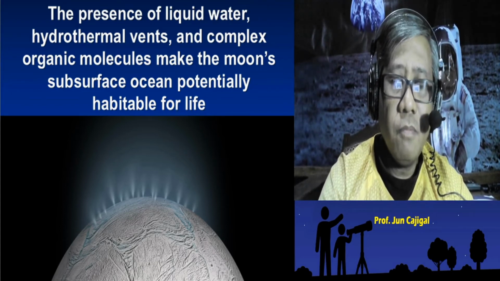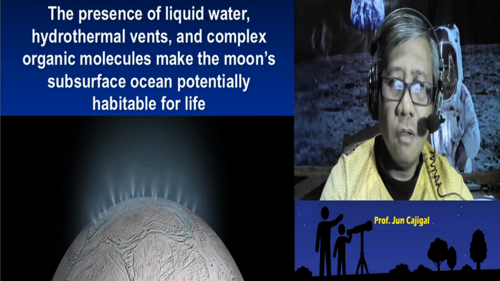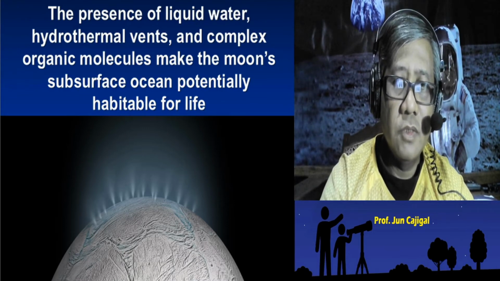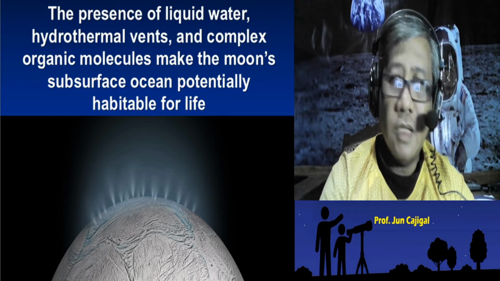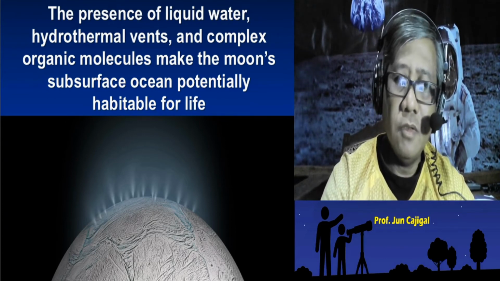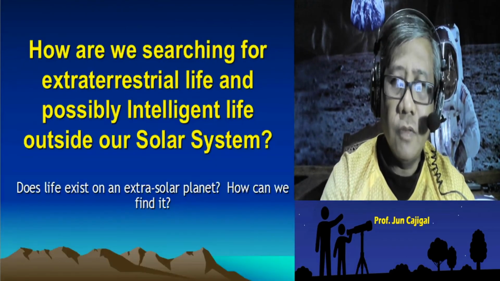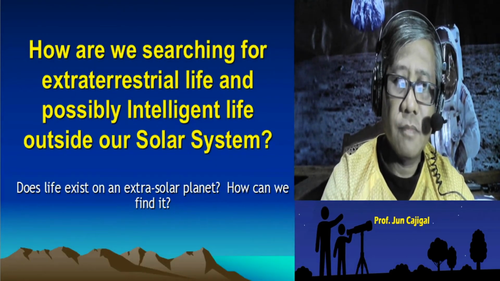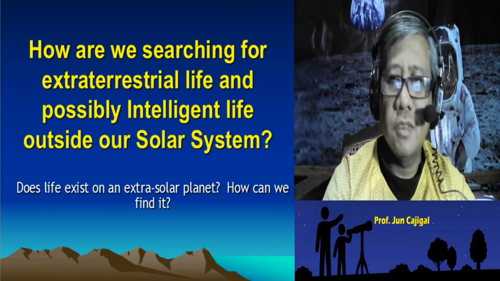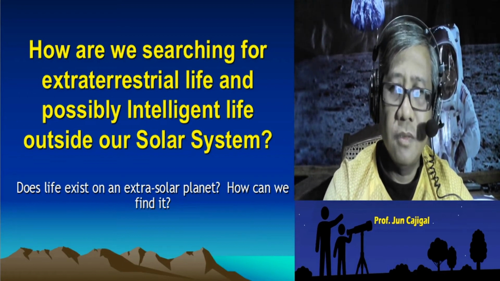Parang Europa. Pero matindi yung mga venting ng liquid water sa Enceladus. So Enceladus may also support life, kasi there's water vapor venting on the icy surface of Enceladus. Alright, so Mars, Europa, Titan, and Enceladus.